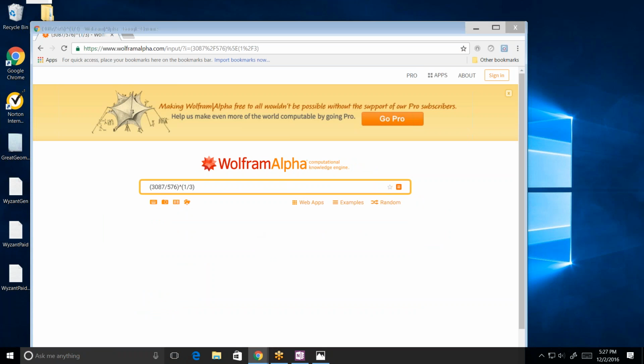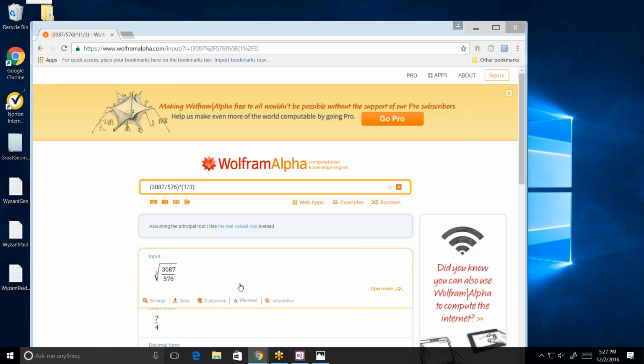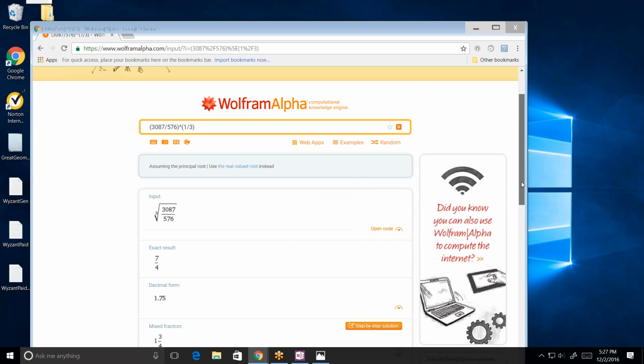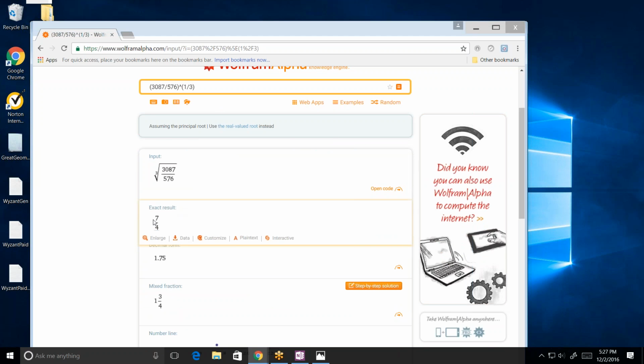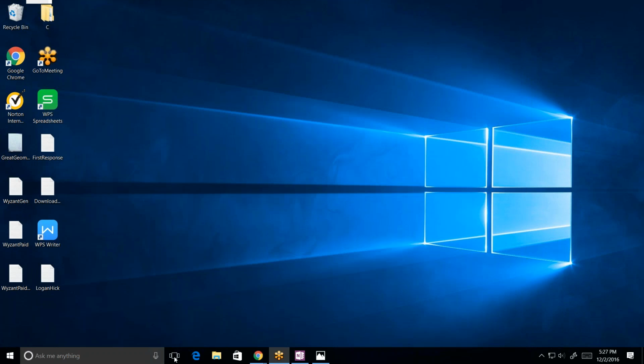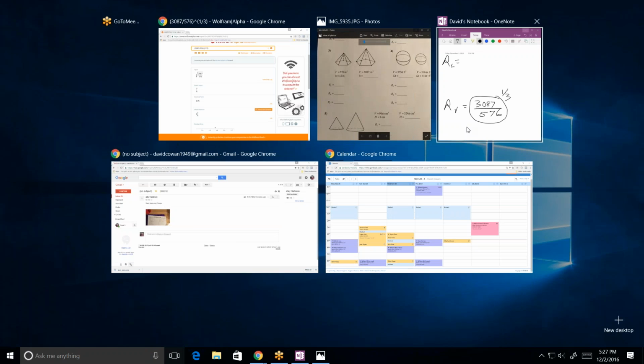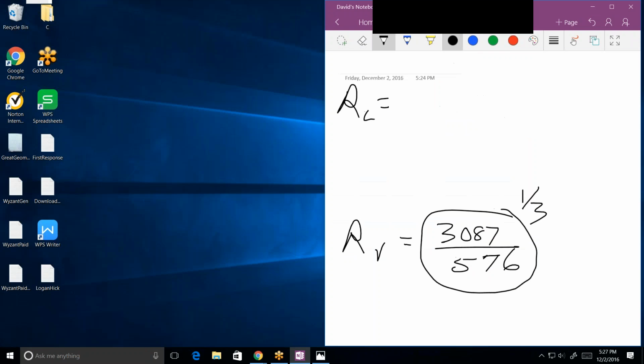Just like when you take the square root of something, you raise it to the 1/2 power. Okay? Well, the exact result is 7/4, which is about where I thought it should be. So that's what this ratio is.